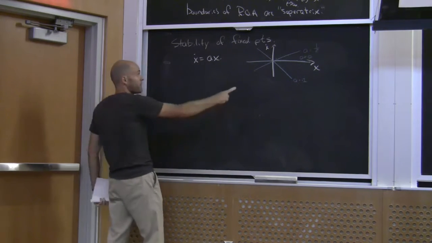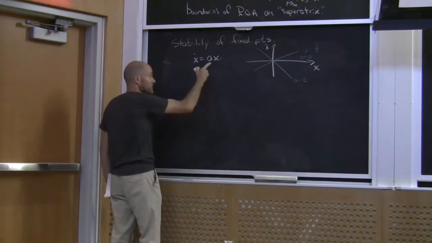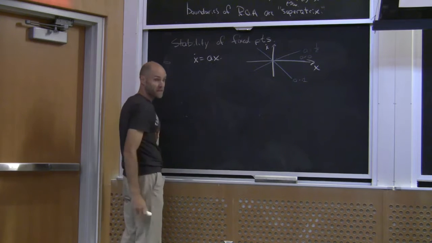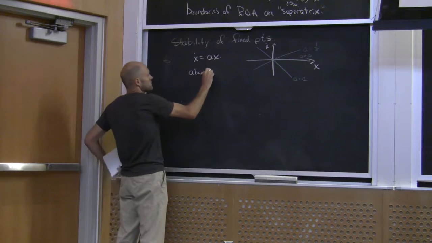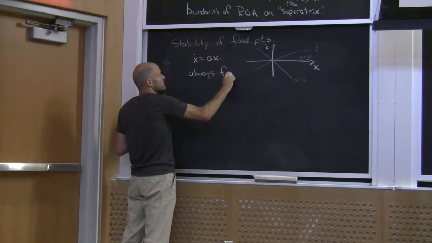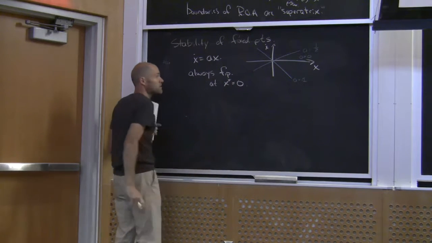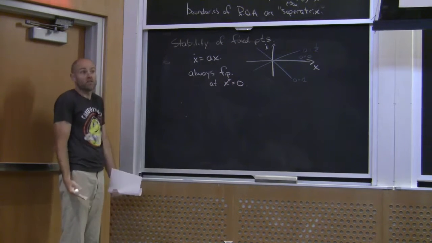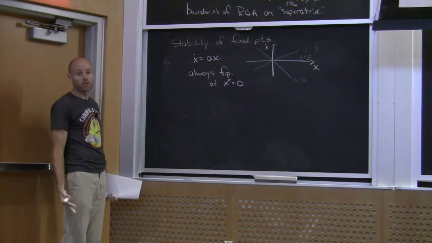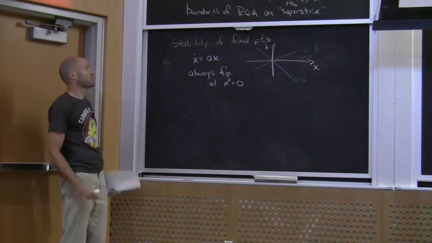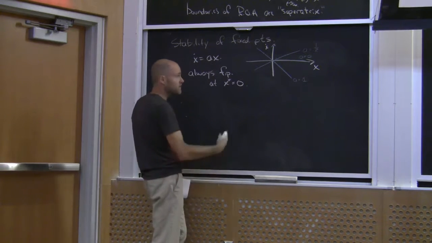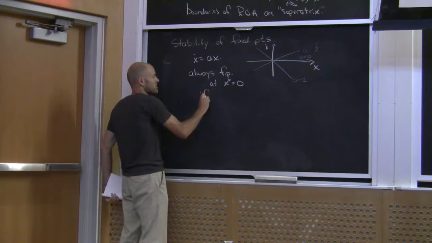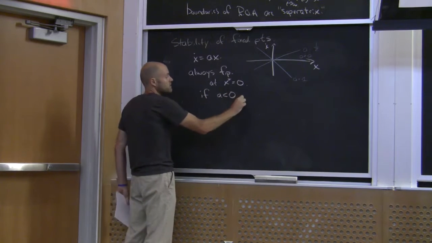So first off, every linear system of this form has a fixed point at the origin, right? And then the question is really just, is that fixed point stable or unstable, or what? And you can see instantly, graphically, that if A is less than 0, then what?